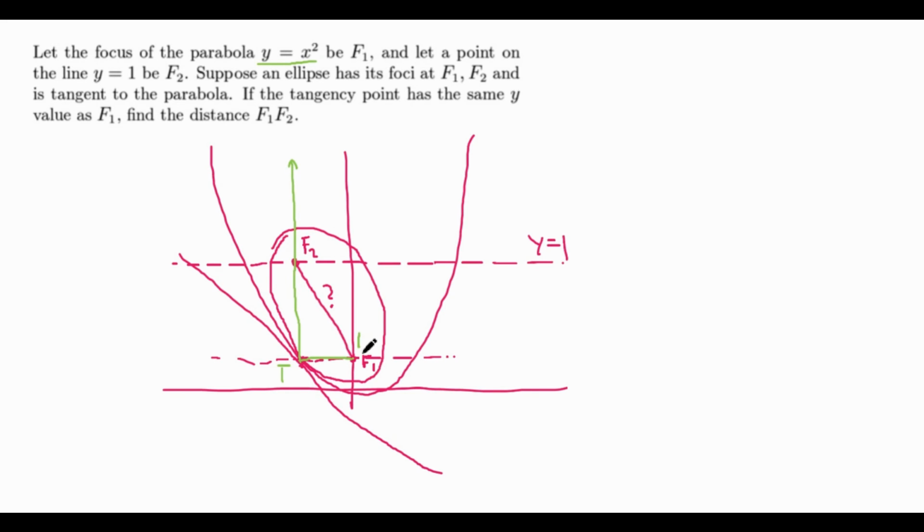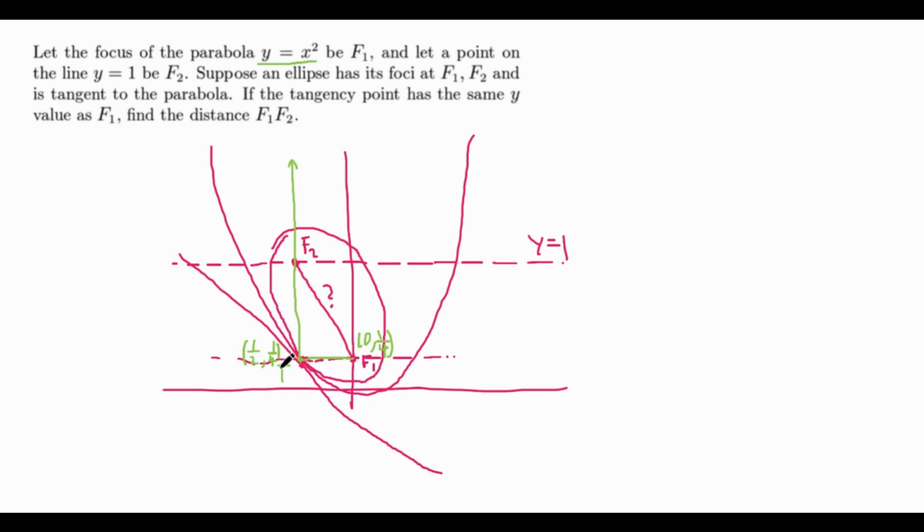So this is (0, 1/4). So therefore, this T in fact has a y value of 1/4. And since it's on the parabola y equals x squared, it has an x value of the square root of 1/4, which is 1/2. So this point is in fact (1/2, 1/4).